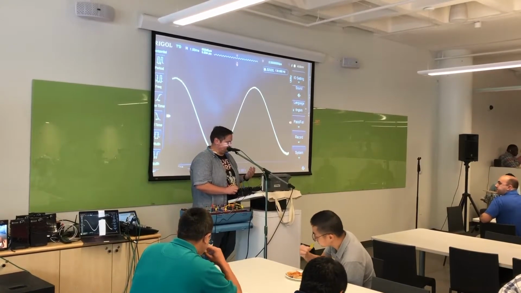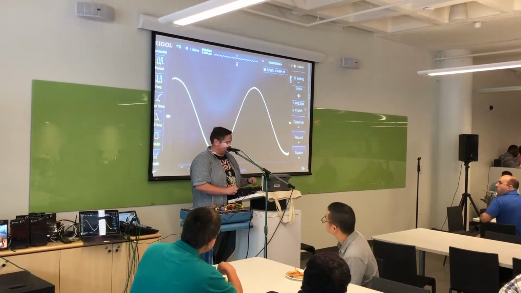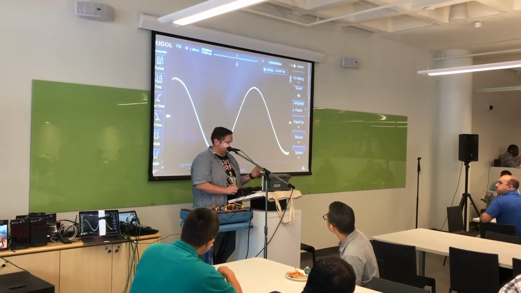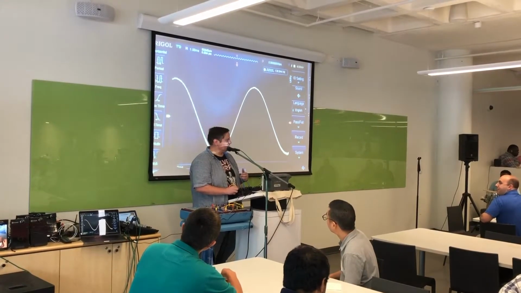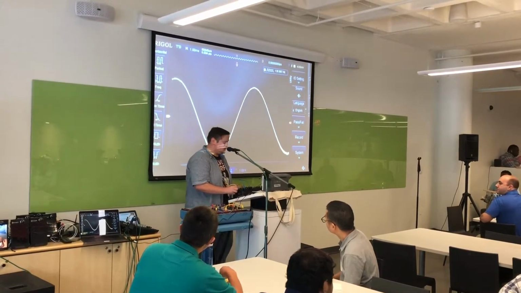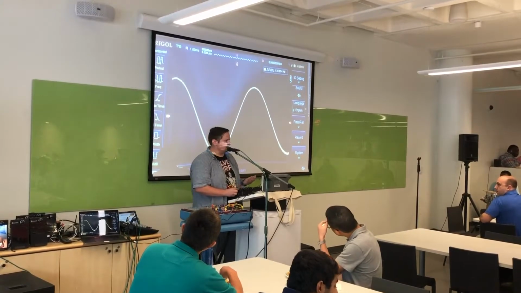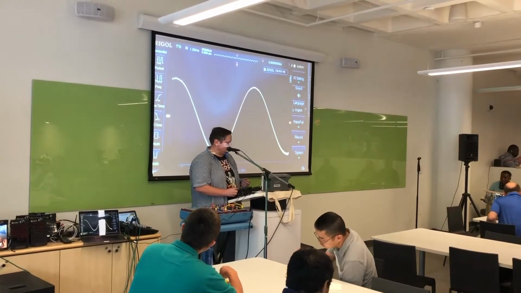So control voltage is different in that you use it to modulate different parameters of the sound. Right now, this is just a static sine wave. It's kind of boring, right?